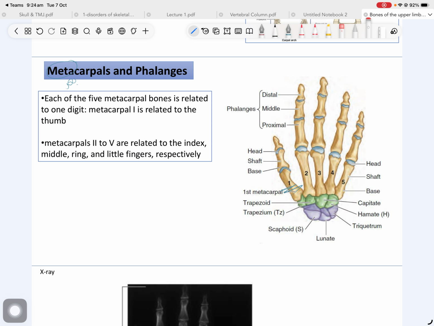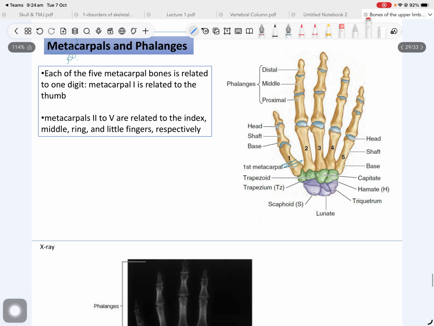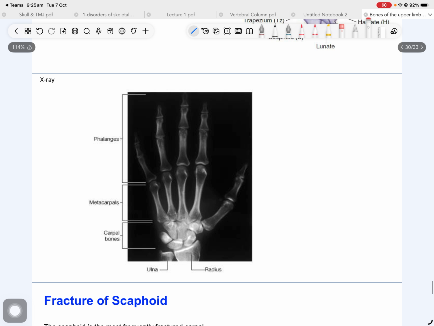So what type of bone is each one of these? Long. It is a long bone regardless of its length because it has two ends and a shaft in between. So how many phalanges do I have? 14. Three times four is 12, plus two, so I have 14 phalanges like this.